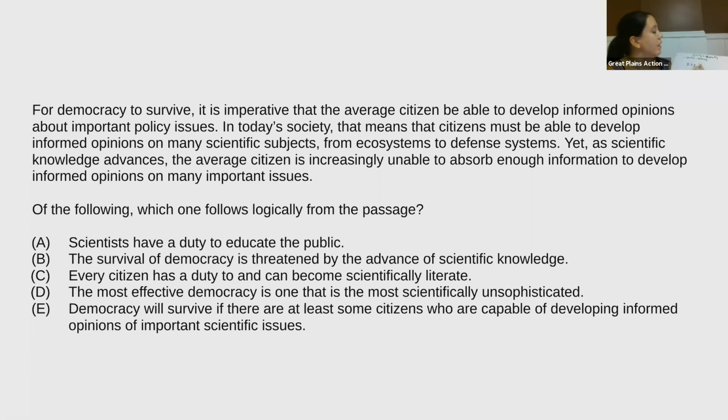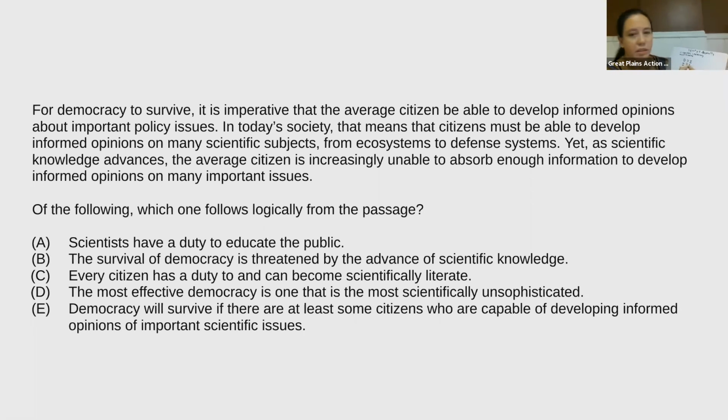Again, we have another condition indicator word, "must." Must is another necessary condition indicator. So if they're going to be informed, then they have to develop informed opinions on many scientific subjects, from ecosystems to defense systems.